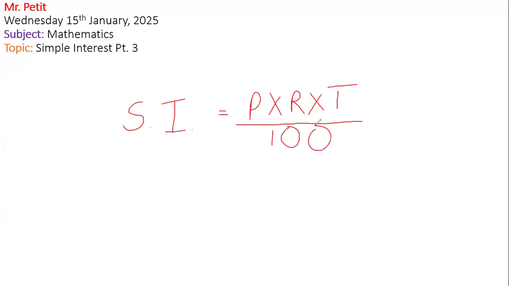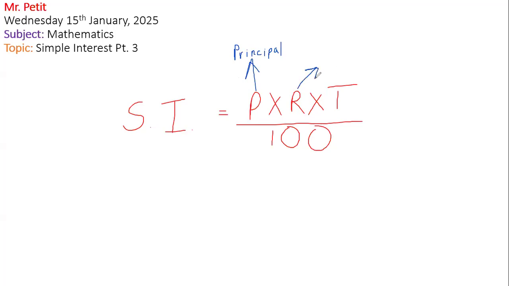P stands for the principal. The principal is the amount borrowed or invested, the amount you put in the bank.